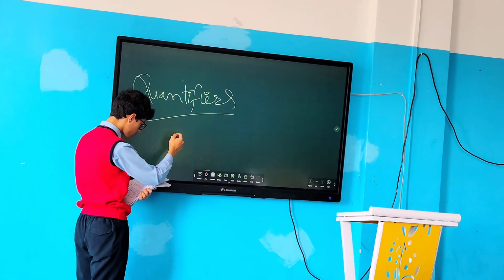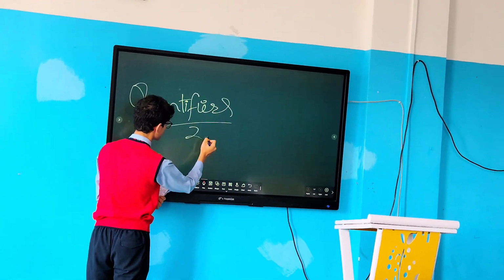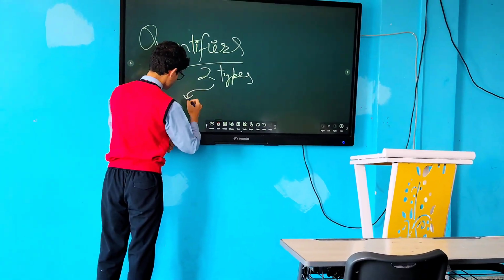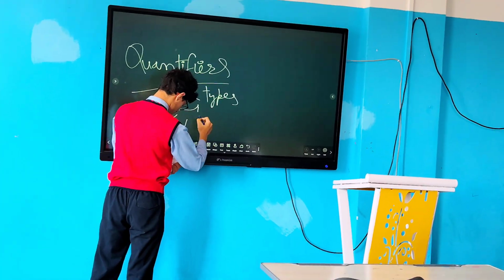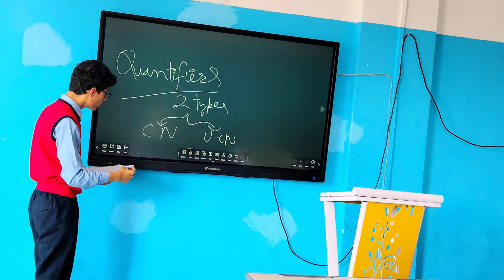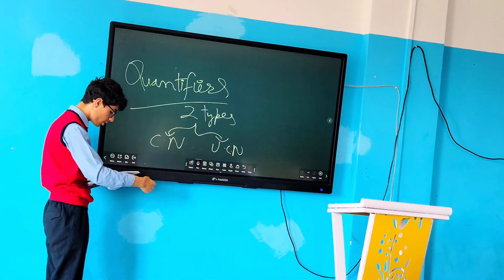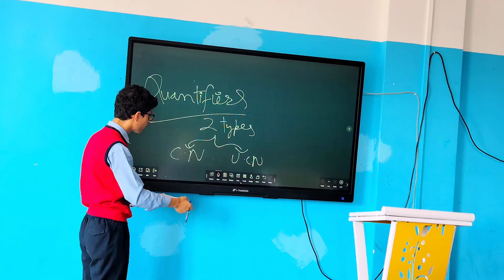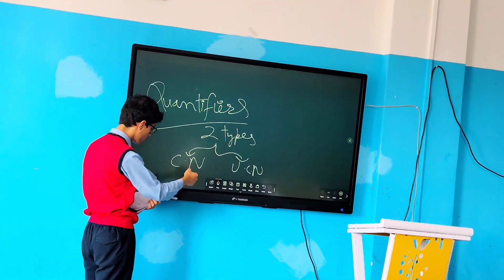Quantifiers are generally used with two types of nouns: countable nouns and uncountable nouns. Countable nouns are those which can be counted individually, while uncountable nouns are those which cannot be counted individually. Different quantifiers are used with these different types of nouns.